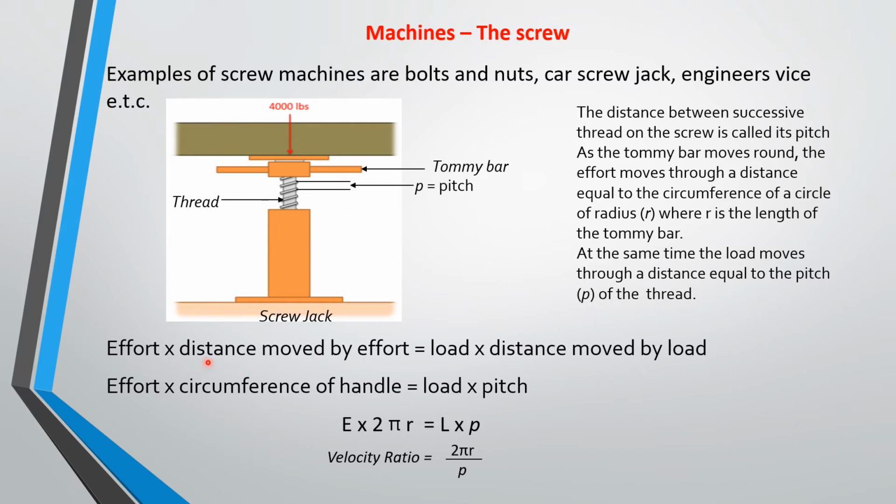So effort times distance moved by effort is equal to load times distance moved by load. The distance moved by the load is the pitch, and the distance moved by the effort is the circumference of the turning bar. So effort times distance moved by handle, which is the circumference, is load times the pitch.